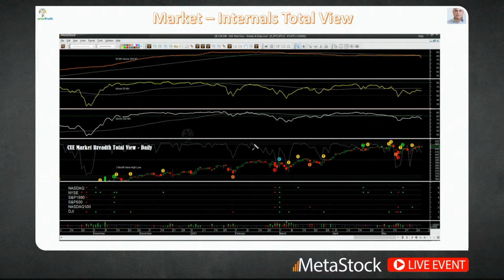Then we have this thin line plotted on the candle chart between 100 and 0 that shows the 3-month new high low. What is the use? This is also kind of an overbought, oversold indicator, but it is a breadth indicator.